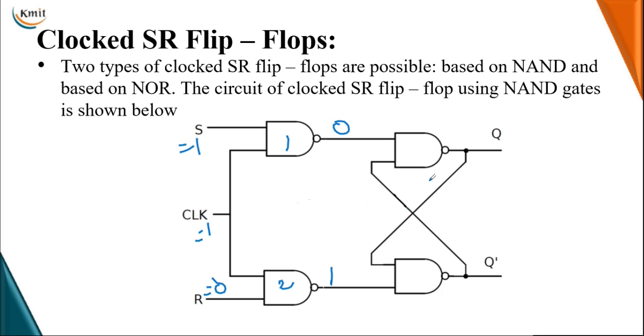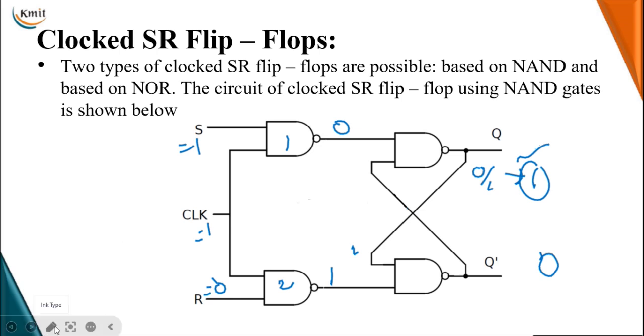If you are giving a 0 input on the NAND latch, your present state is 0 or 1, and the next state is always equal to logic 1. This 1 is transferred as the second input, hence the next state of the complemented output is 0.